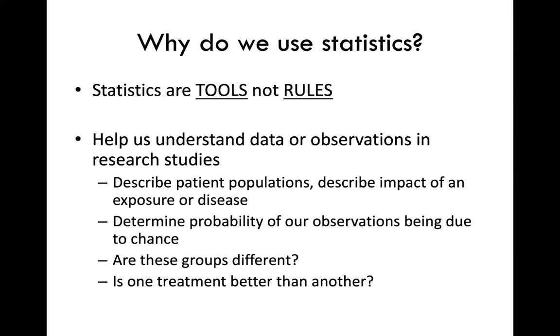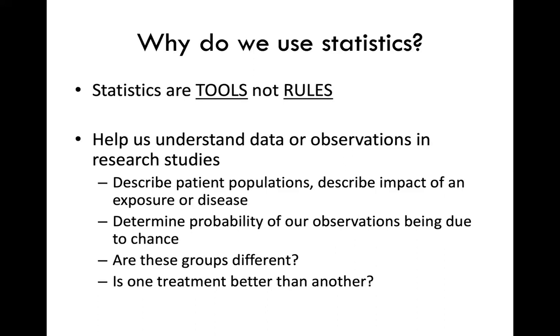So statistics really help us understand our data, our observations in research studies. We can use them to describe patient populations, to describe the impact of an exposure or disease. We can use them to determine or predict the probability of our observations being due to chance. We want to be able to believe what we're seeing and have confidence in our results. We can use statistics to make determinations regarding whether or not groups are different.